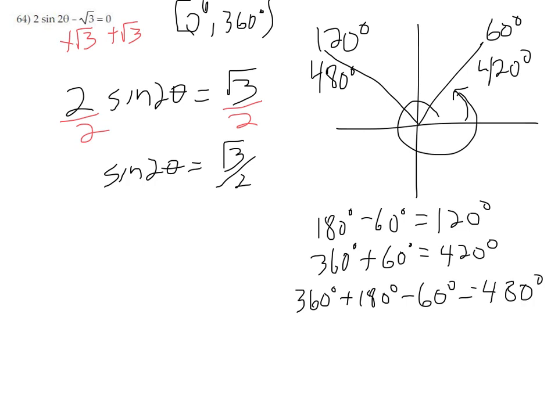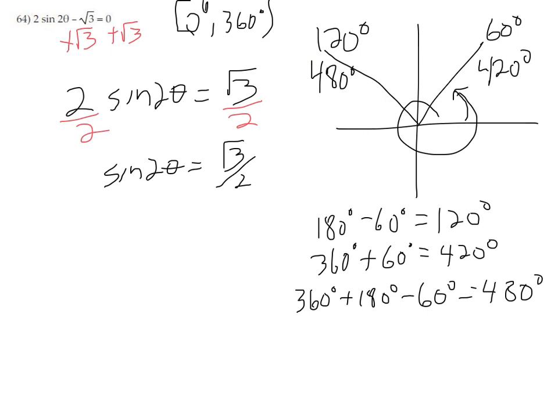So why does all this work? These are the four values going twice around the circle where sine is a positive square root of 3 over 2. Notice this is only quadrant 1 and quadrant 2, but that's where sine is positive.